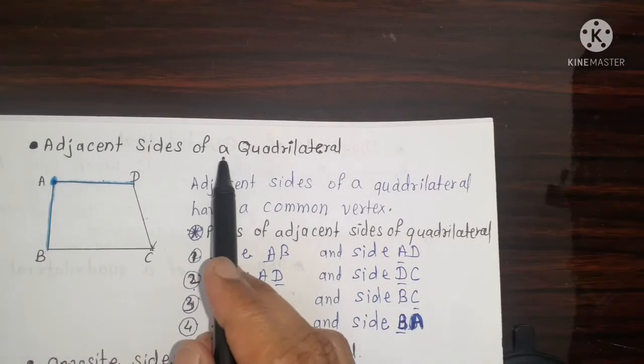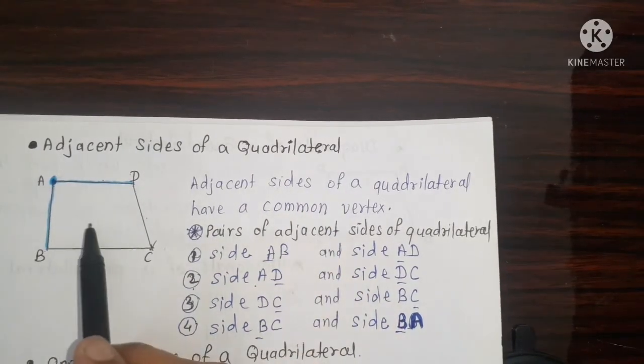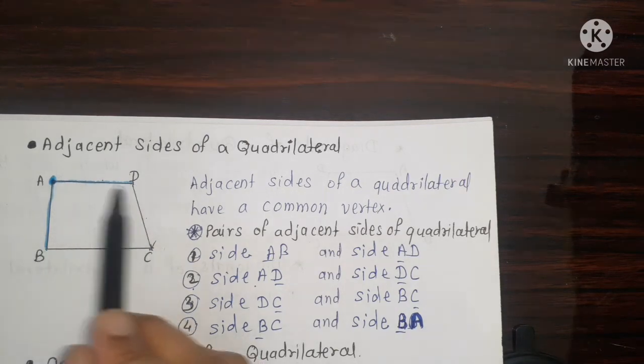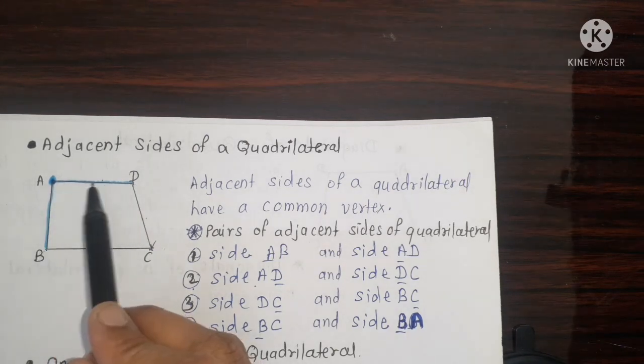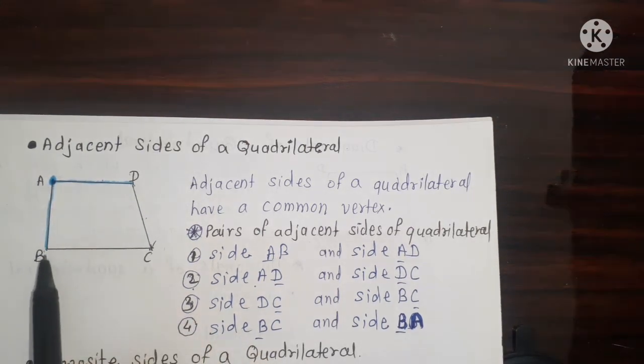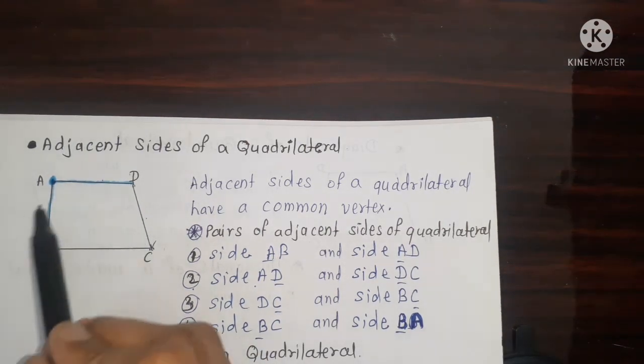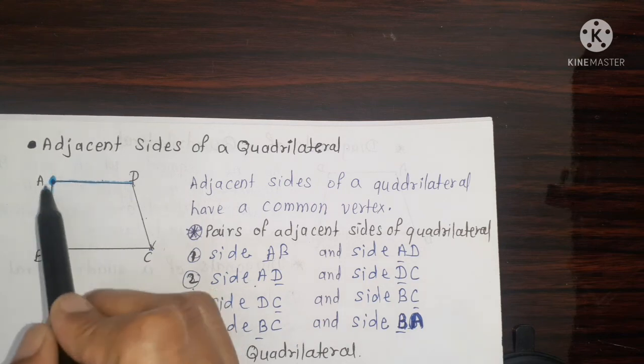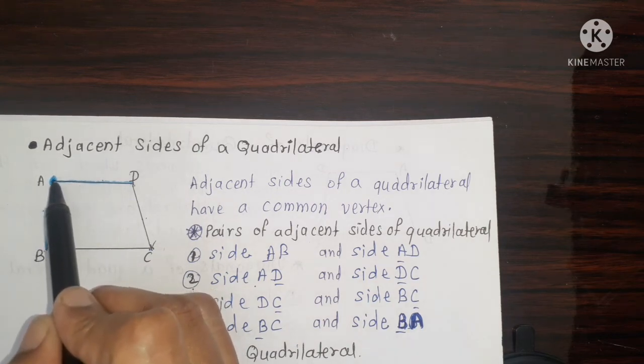Now see adjacent sides of a quadrilateral. In quadrilateral ABCD, side AB is adjacent to side AD, and also side AB is adjacent to side BC. Adjacent sides of a quadrilateral have a common vertex.